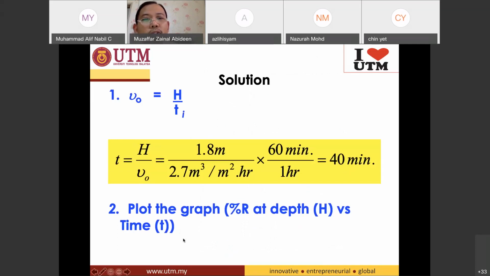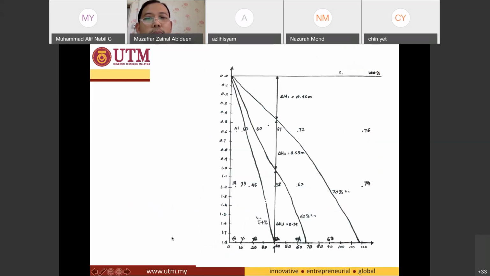Then plot the graph, you've done that. No need, it's been printed already. So we need to find our RT. This is something you need to fill in on page 55, part 3. For delta H1, it is 0.46 divided by the column height 1.8, and this line is 100% and this is 70%, so 100 plus 70 divided by 2.